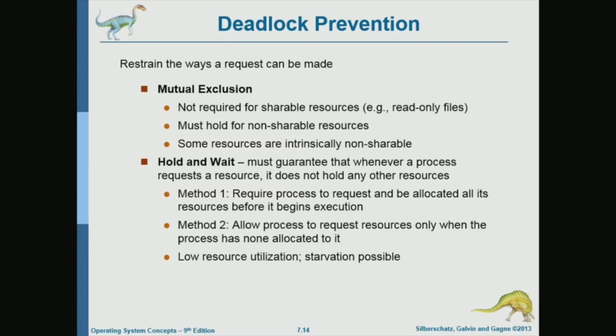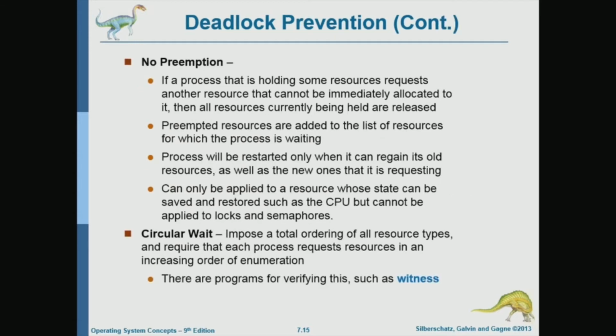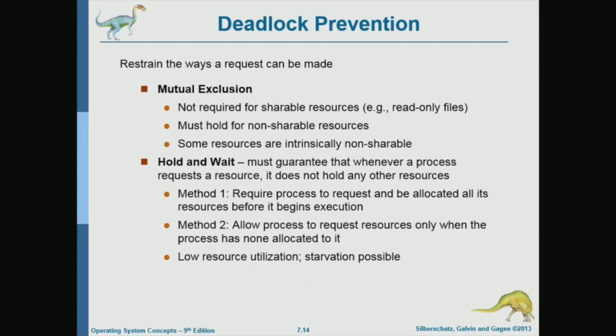So we studied mutual exclusion, hold and wait, no preemption, and circular wait. If we can prevent any one of them, there will be no deadlock. But conceptually we can, in theory, but in practice it doesn't make a lot of sense. So we will go through them one by one and see why it's not practical to prevent them.